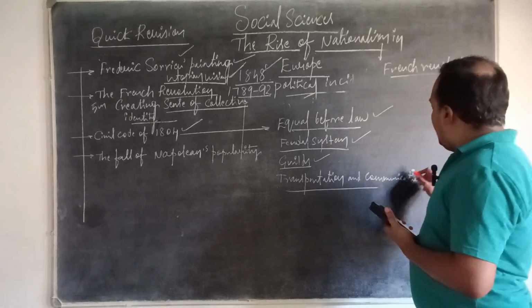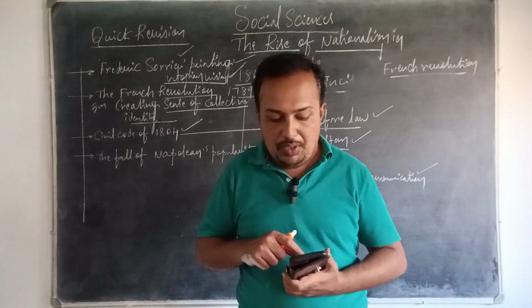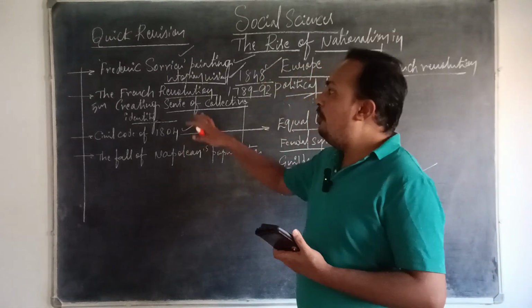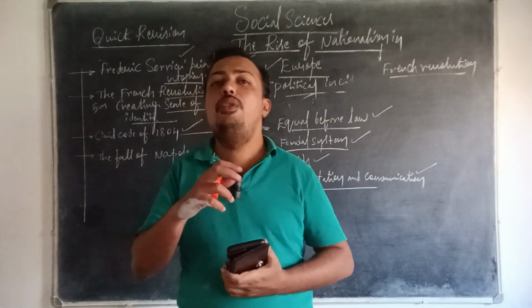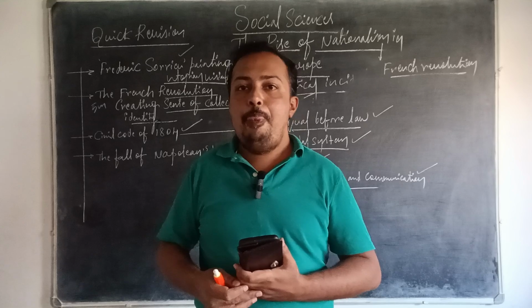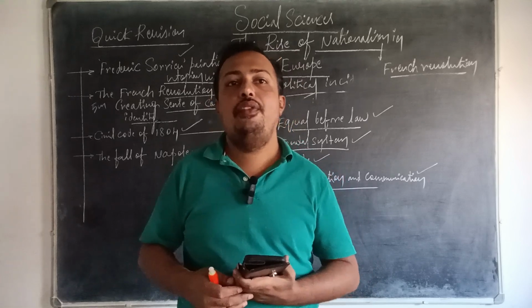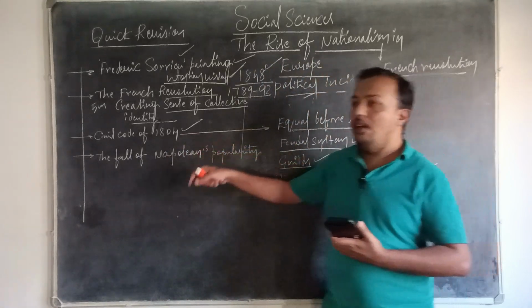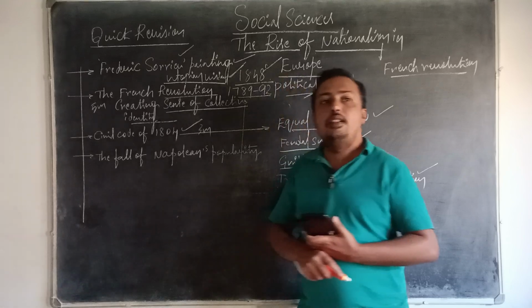Number 4, the transportation and communication system was improved by Napoleon Bonaparte. After the introduction of the Civil Code, peasants, artisans and businessmen all found new freedom, because they all got some sort of reformation in their life because of what? Because of the introduction of the Civil Code of 1804. This question can be expected for 3 marks.